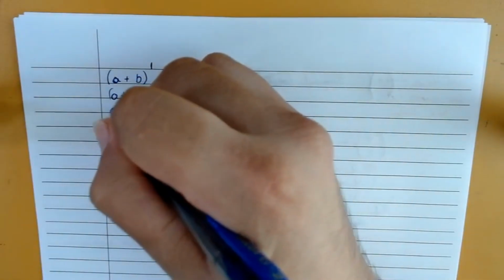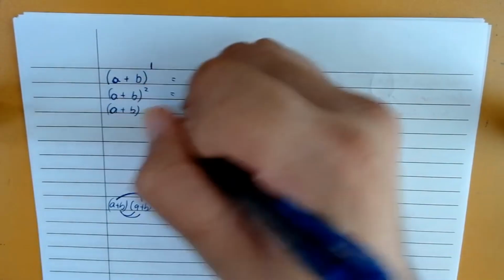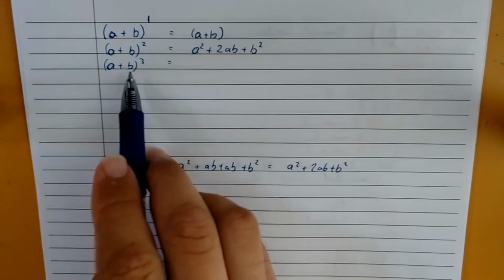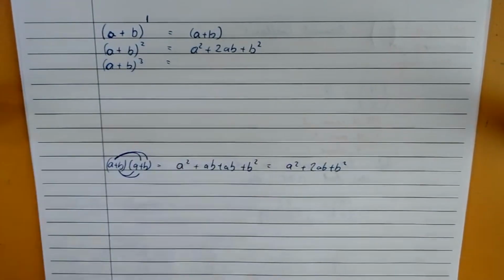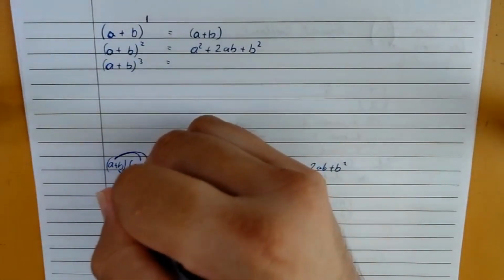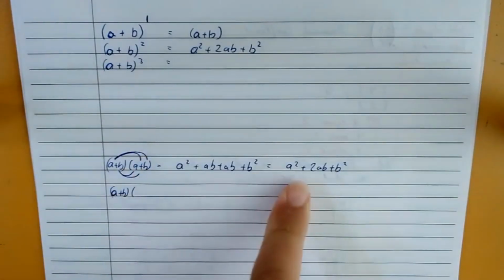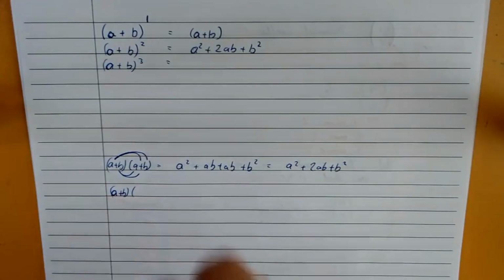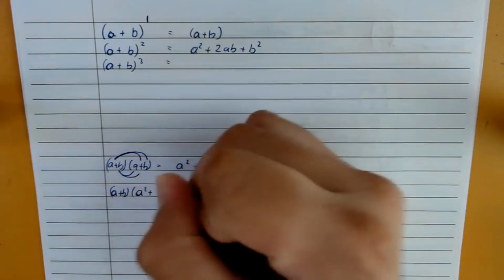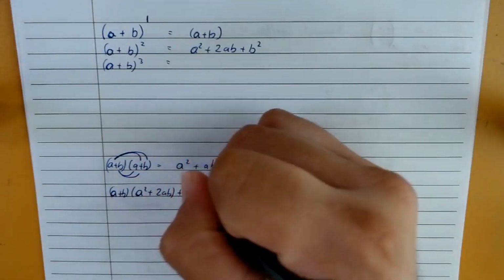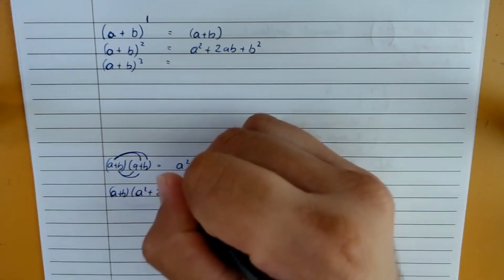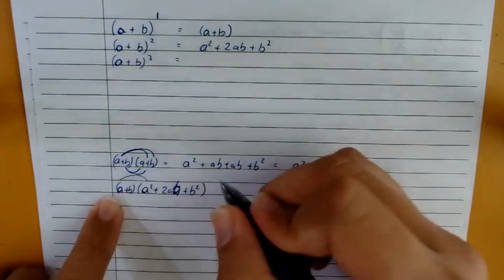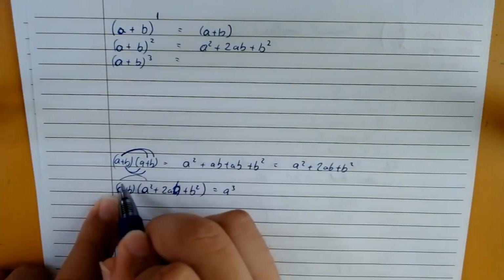Now, what if I take a plus b to the third power? Well, I already have a plus b squared, so let me take that answer and multiply it by another a plus b. This is already a plus b squared, so if I multiply it by another a plus b, that'll be a plus b to the third. All right, so a times a squared, that's a to the third.